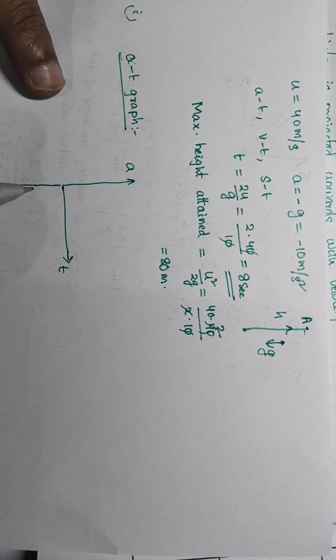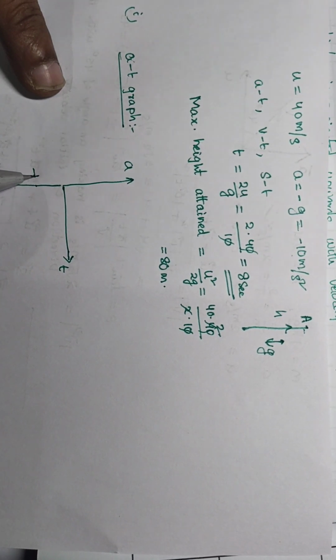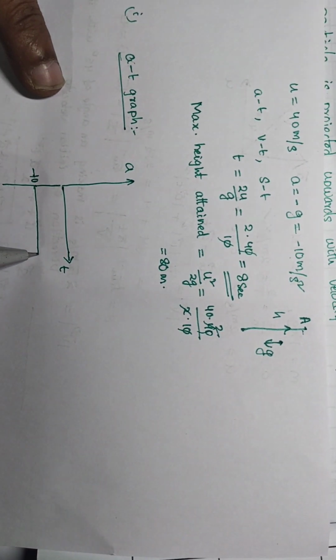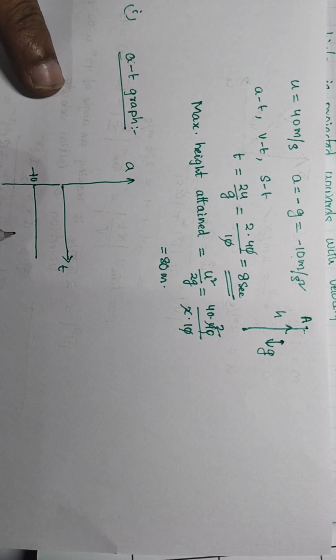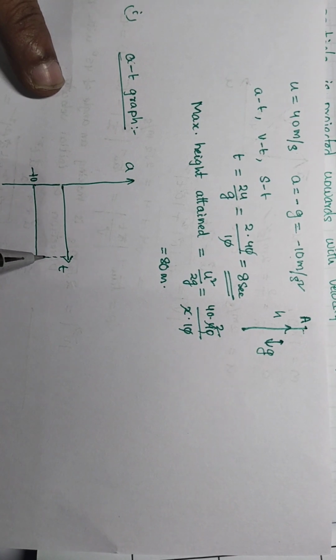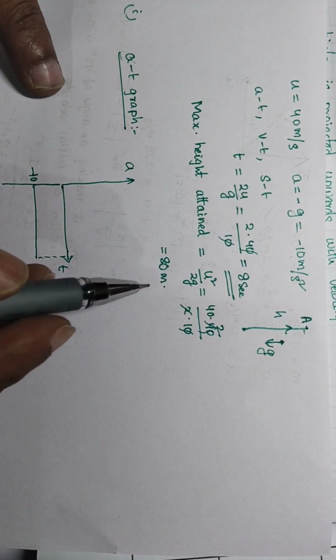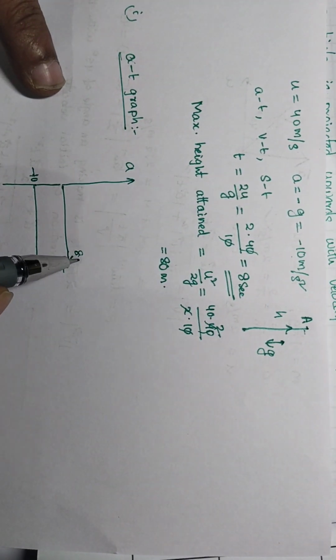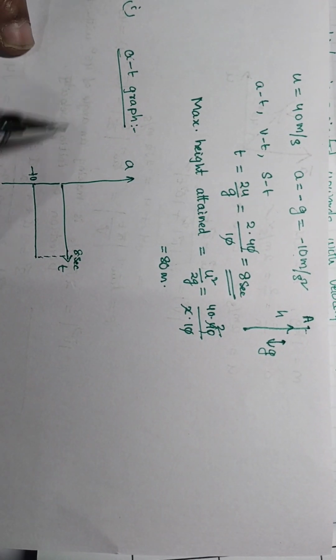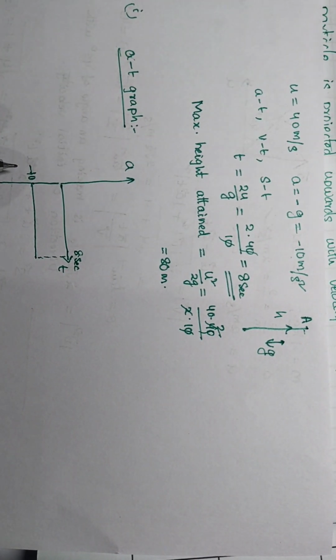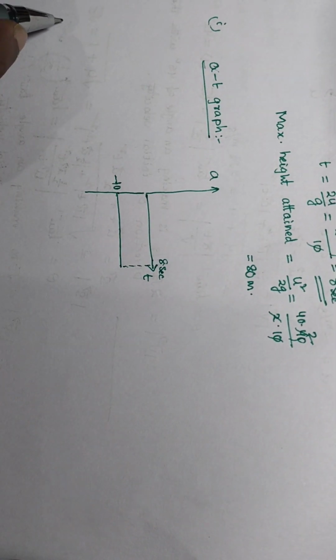Whenever it is constant, it is parallel to the x-axis, so minus 10 is the value of acceleration. And it works for a total of 8 seconds. So this is the graph of AT.